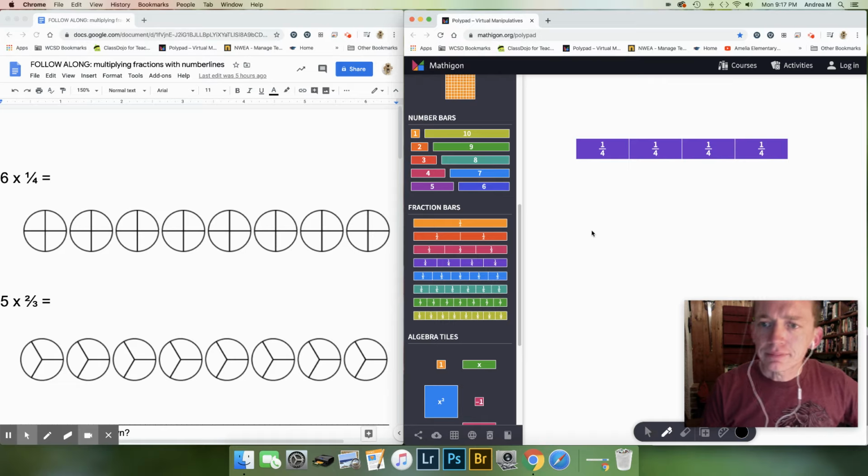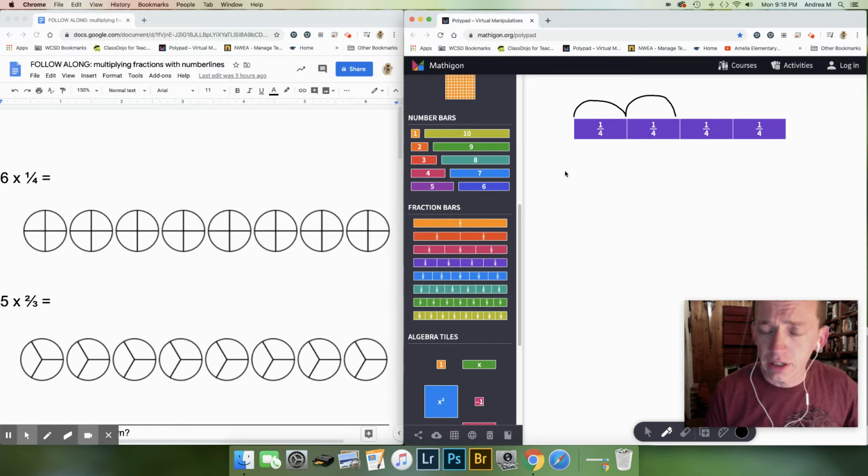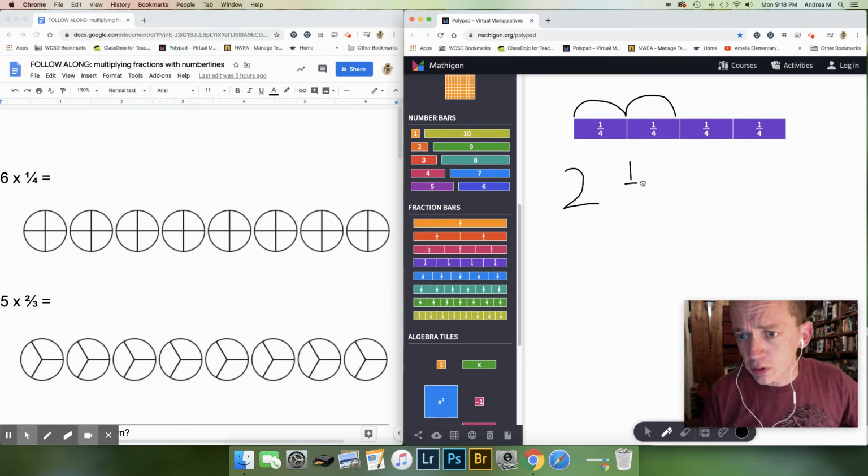And the idea that we're looking at, and I want to connect this with a number line as much as possible, is if I were to start here and do a jump like this and then a jump like this. So what have I done? I've made two jumps. I went 1/4 of the way each time.